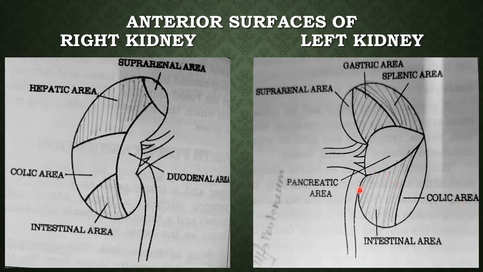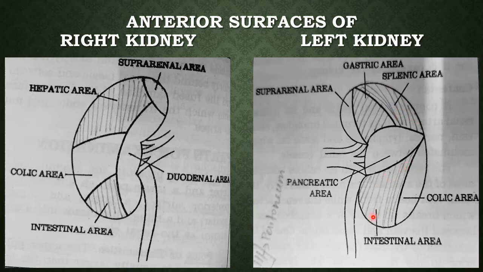Then at the medial border, till the colic area, the area is covered by the small intestine or jejunal area. In the middle of both these areas we have the pancreatic area, which travels from the hilum towards the lateral border of the kidney. In this we can see the marked or striated area.